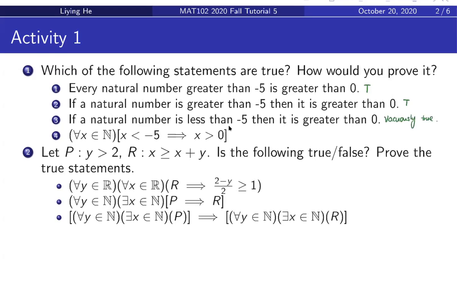The reason is that, again, this is your P, this is your Q. Let's look at P first: a natural number is less than 85. This is obviously false. So your P is false. If your P is false, then the whole statement is true. So this is vacuously true because your P is false.